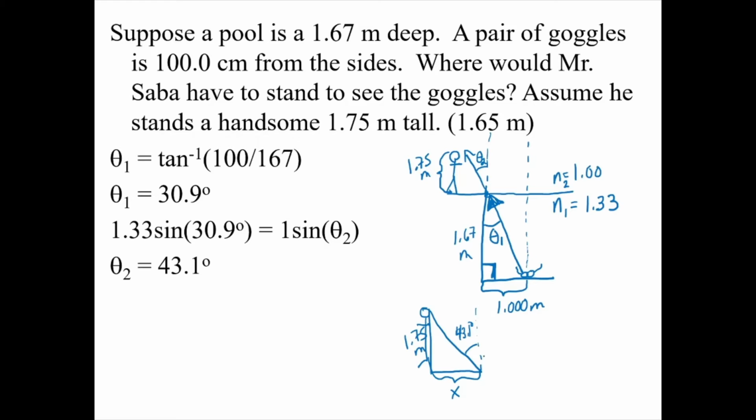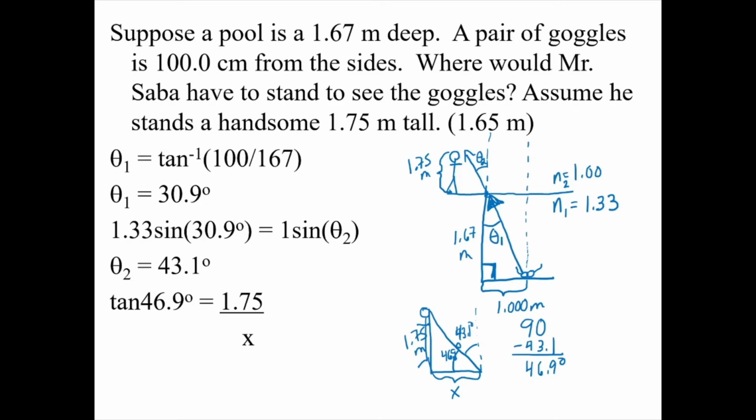Well, this has to be a right angle. So we can use 90 minus 43.1 degrees to get that inside angle, which is 46.9 degrees. That's in here. Sorry if it's a little small.